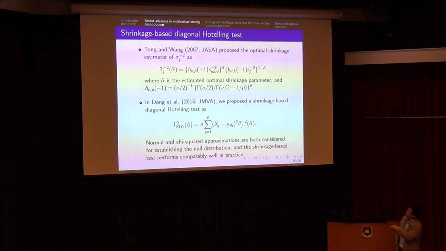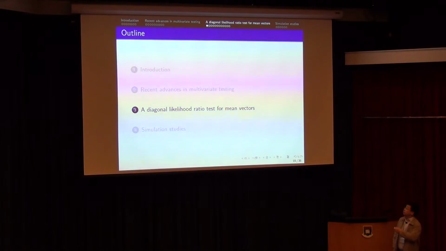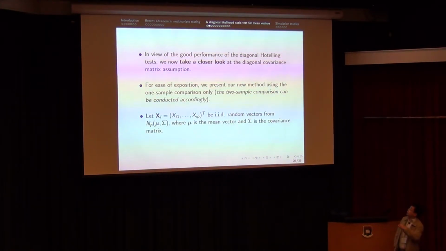Starting from here we built it up, and eventually we came up with, at least in practice, very nice results. But for today I'm not going to talk more about this study. I would rather take a closer look at the diagonal case.